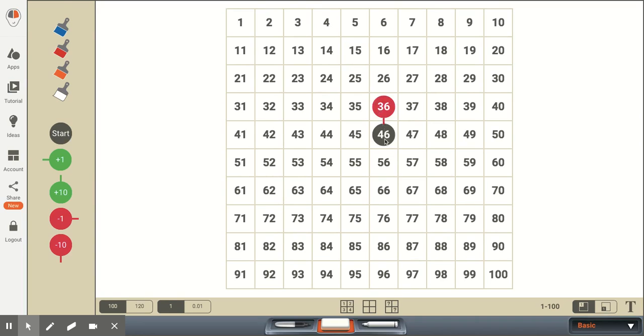And the reasoning used is, if we have four tens, just like before when we were doing addition, we were adding one 10 and we went to five tens, or 56. Now we're going to subtract a 10, so we'll have three tens. The six ones remain the same. So 10 less than 46 is 36. And once again, we want students to be able to do this mentally without needing the number grid.